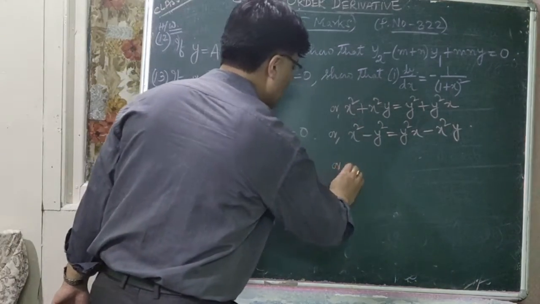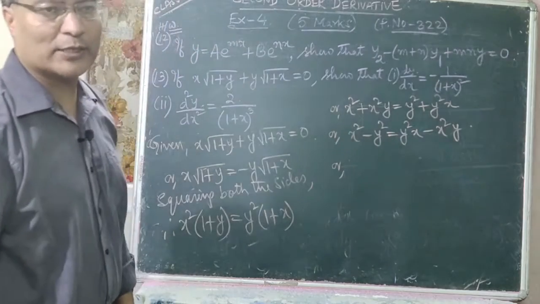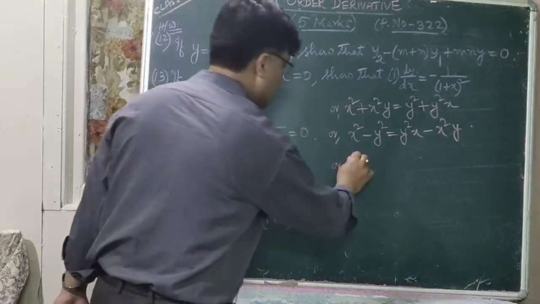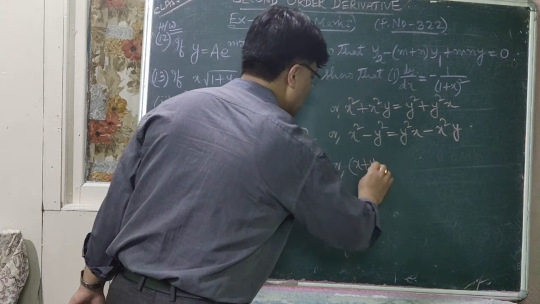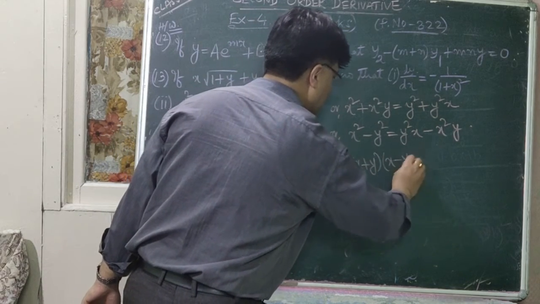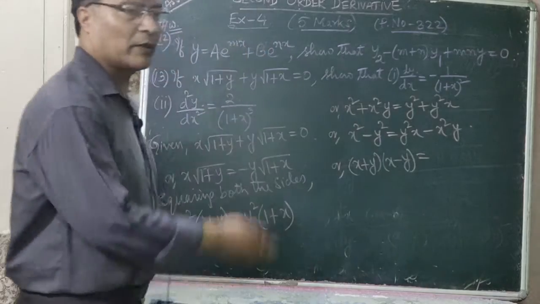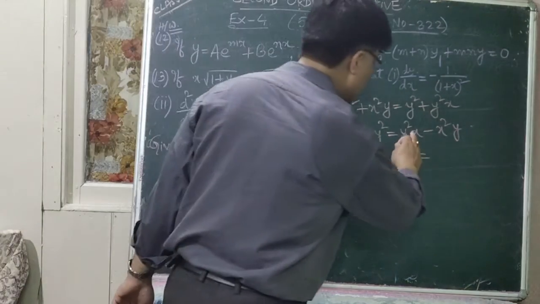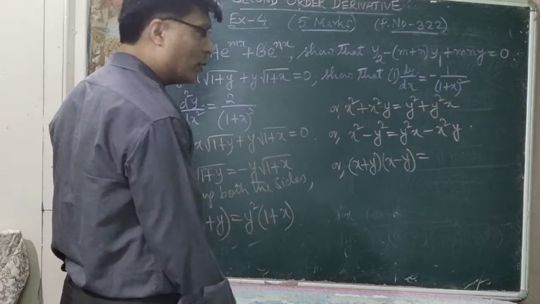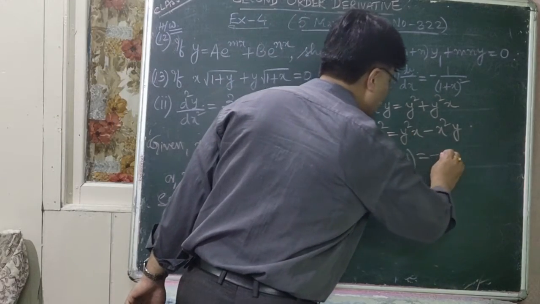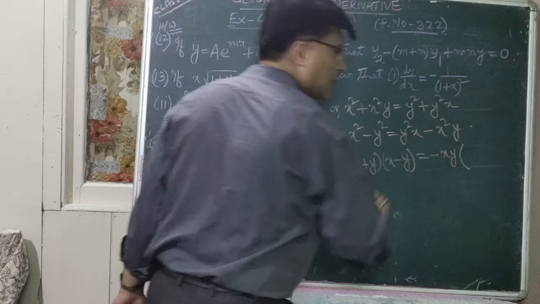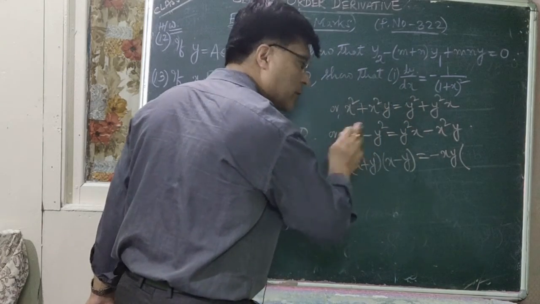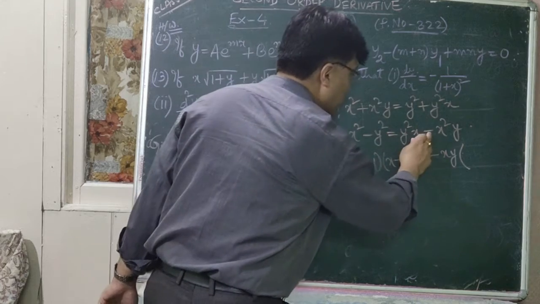Okay, so what is x square minus y square? This is your a square minus b square, which is a plus b into a minus b. So this one is x plus y into x minus y is equal to, so on the right hand side you can take common out here. So what is to be taken as common here? Minus xy. So within bracket you write first positive term, minus to minus plus.